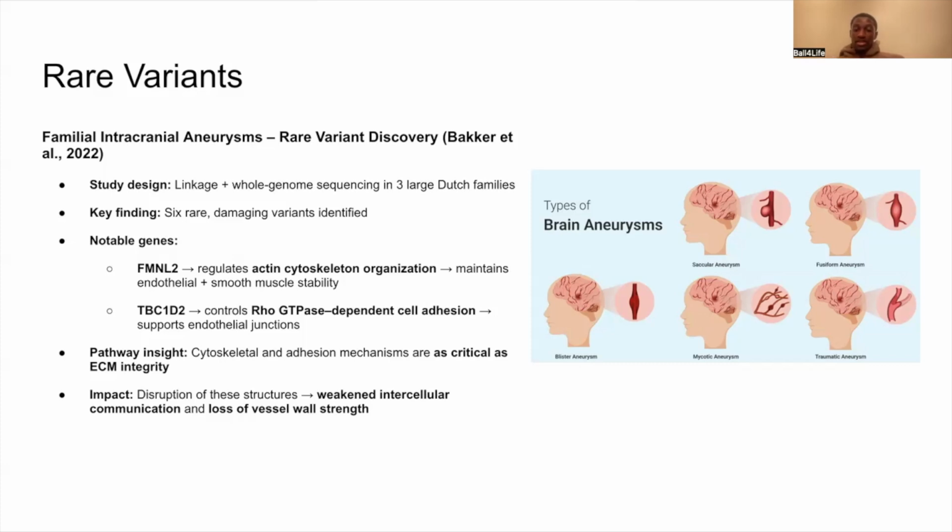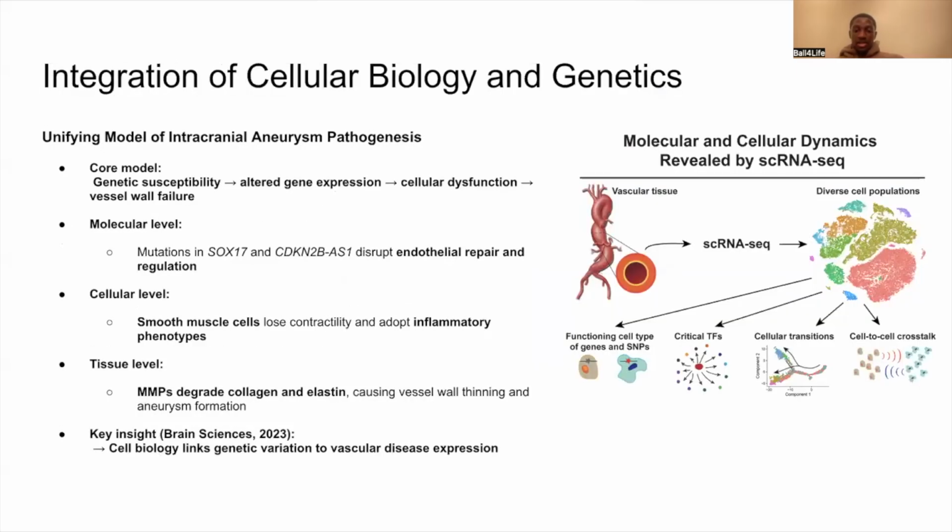These genes reveal that cytoskeletal and adhesion pathways are as critical as ECM composition in aneurysm pathophysiology. Disruption of these cellular structures weakens intercellular communication and the vessel's mechanical resistance. The convergence of these studies highlights a unifying model: genetic susceptibility alters gene expression, leading to cellular dysfunction and eventual structural vessel failure.